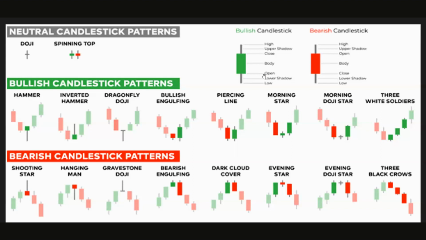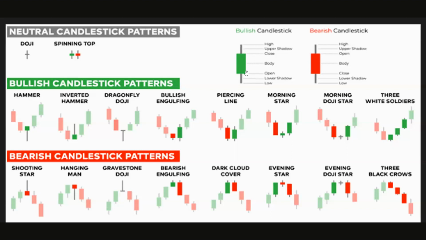So let's just say the price opened at $5, and let's pretend this is a 15-minute candle. With the open of that 15-minute candle, the price of the stock opened at $5. When that 15-minute candle ended, the price of the stock was at $5.50.